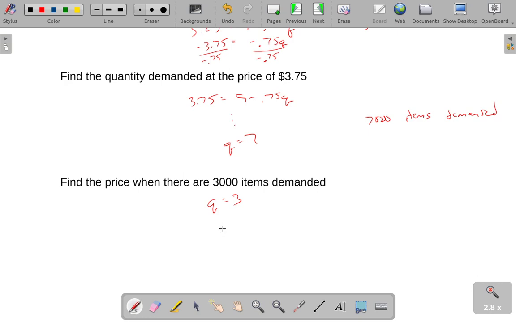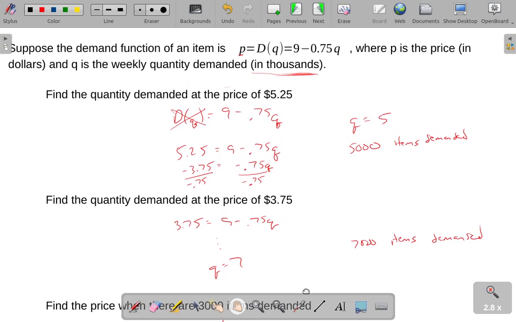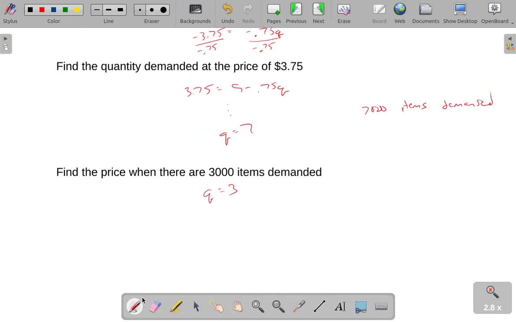So to do this, let's look at the price here. That's D of Q equals 9 minus 0.75Q. We're being told Q is 3, so D of 3 is equal to 9 minus 0.75 times 3.